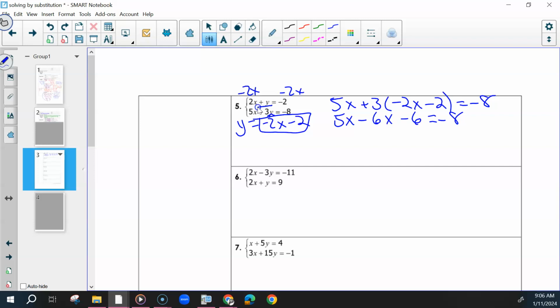Some of you are watching me do this, but you should be trying to solve it on your own. If you did not get x equals 2, go back and double check your work.